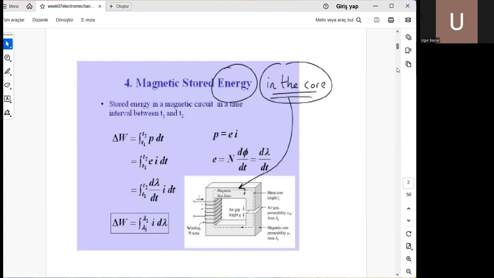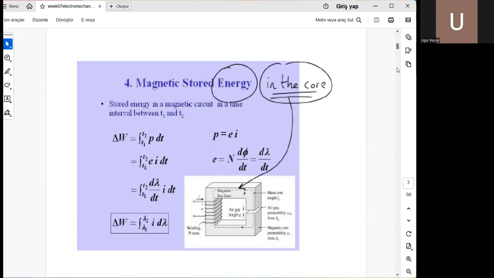Now, magnetic stored energy in a magnetic circuit like the one shown on the right side of the figure, containing one coil and one magnetic loop. That loop may or may not contain an air gap.